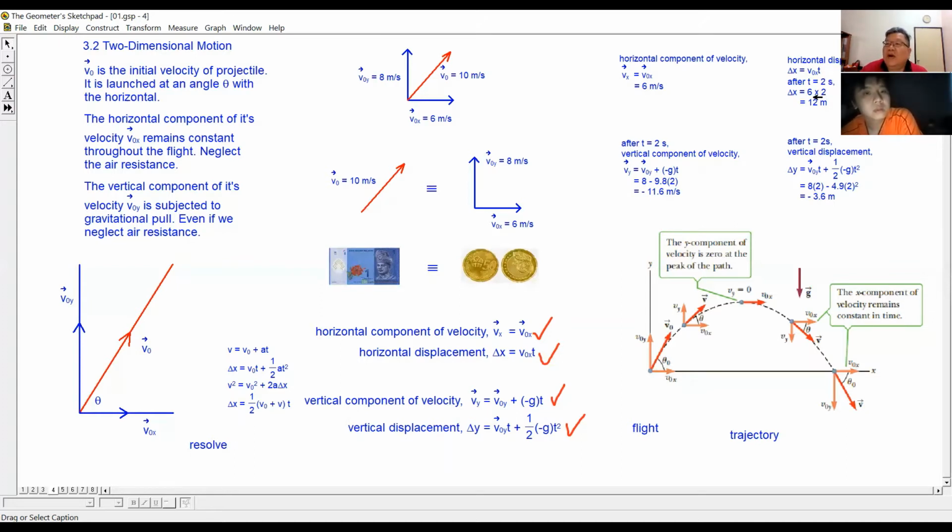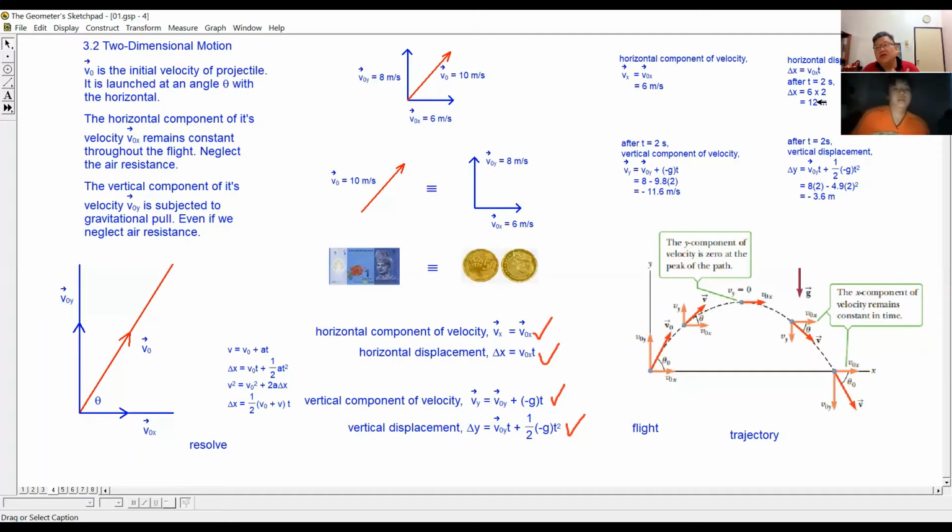So you take the horizontal component, 6 meter per second, and multiply with the time, after 2 seconds. Then you get 12 meters. So the object is 12 meters in front of you, horizontally. But how high it is, we don't know yet.